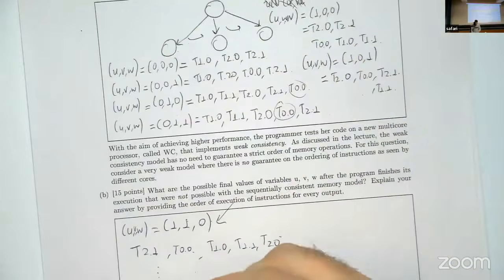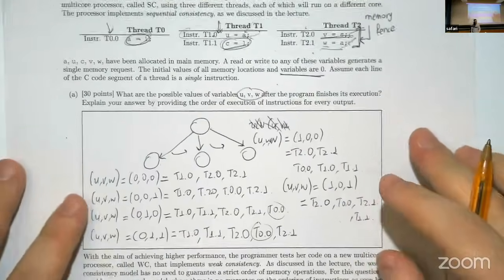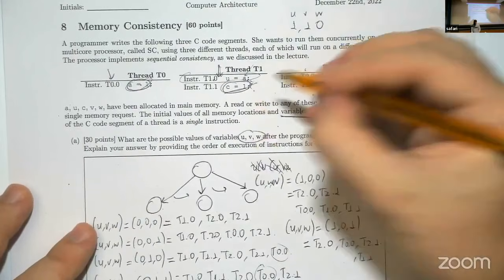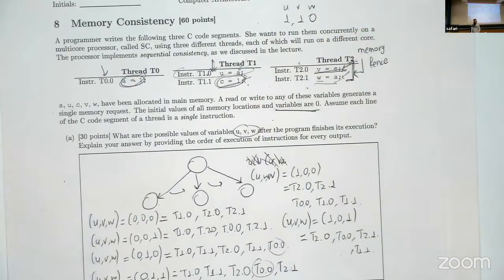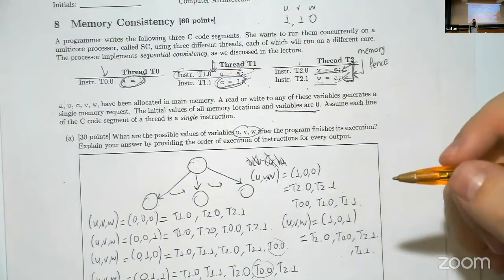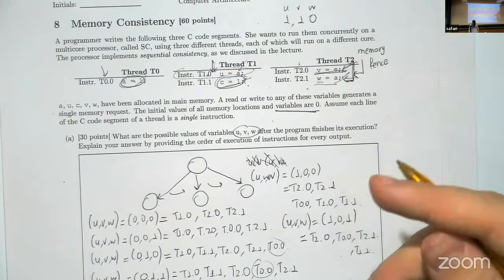Then I can execute T20, which sets V to 1. So I executed C equals 1, then I executed V equals C. So right now, V is equal to 1. And then I execute T21. I execute W equals A, which means that W is 0.